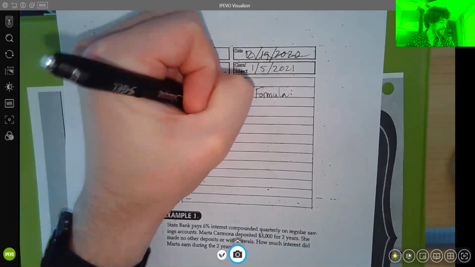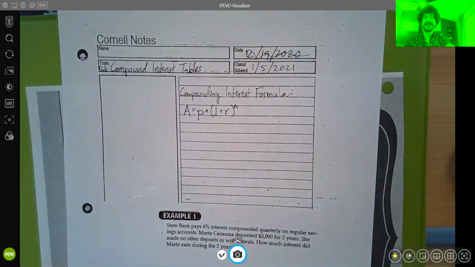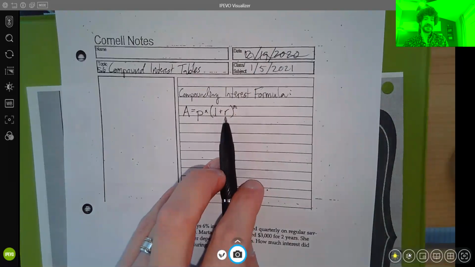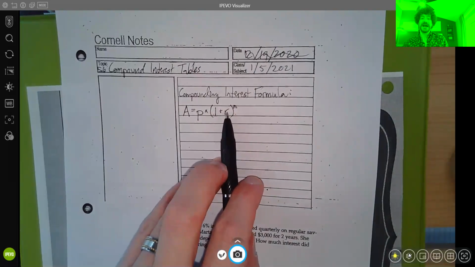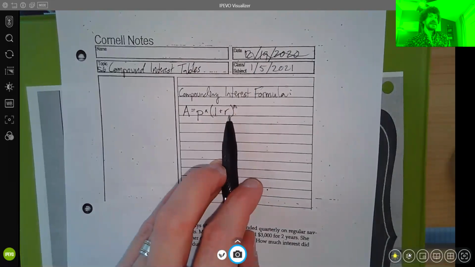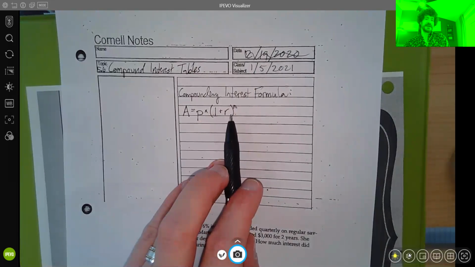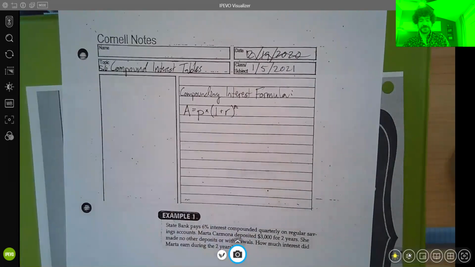And then to the n power. So there's an exponent in this one. This is our compounding interest formula. And this R is not the same R as in the simple interest formula. It does have to do with the rate, but it's not quite the same. It's a different type of rate. We'll see in just a second.